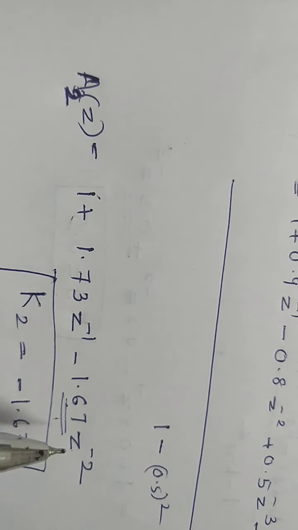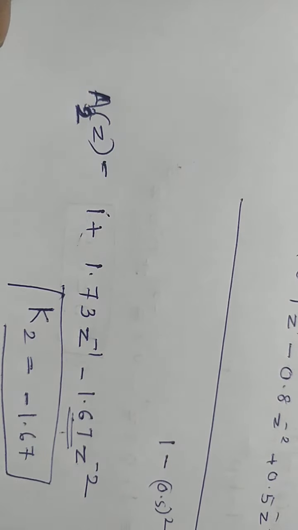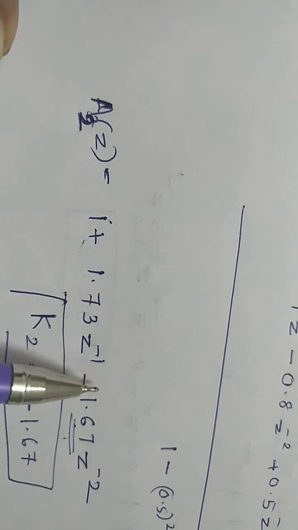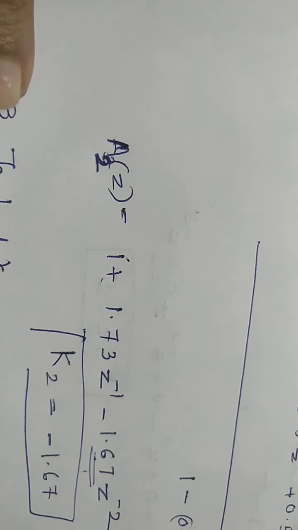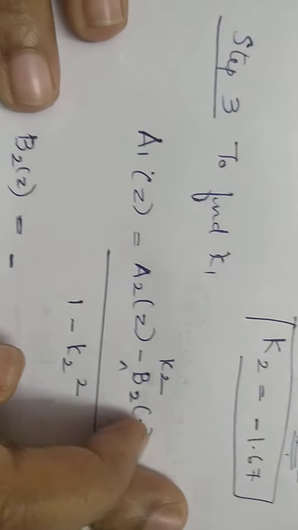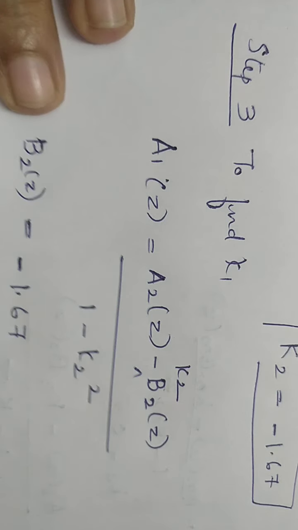Write all the coefficients in the reverse order. This is the equation, right? In the reverse order, it means minus 1.67, then plus 1.73, then plus 1. Like that, writing the equation in the reverse order. First minus 1.67, with no z coefficient.